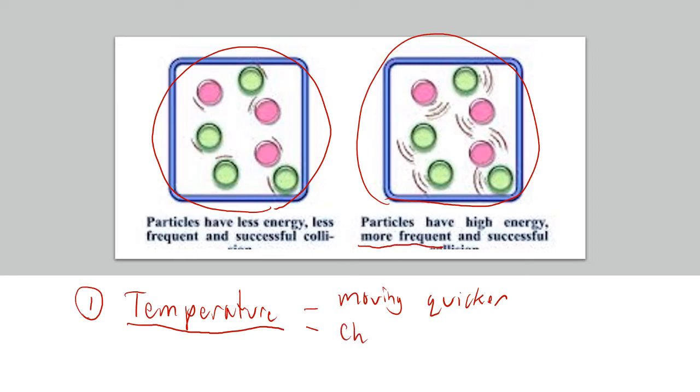So the chance of colliding is going to be greater because you're going to hit each other more often. And also, because you're moving faster, you have more energy. And if you've got more energy, more of the collisions that happen would be successful. Oh, 2 C's, 2 S's.